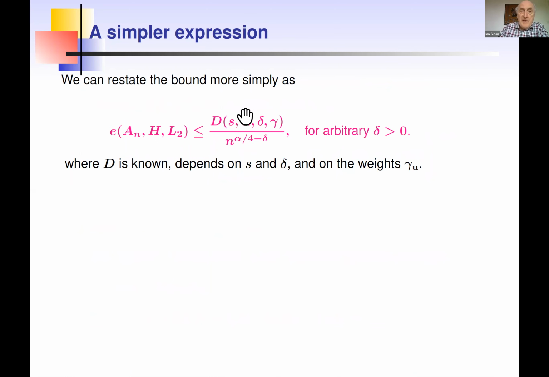I just simplified this. We state the bound more simply: the worst case error is bounded by some constant d depending on s, alpha, delta, and lambda, times n to the alpha on 4 minus delta, for arbitrary delta going to 0. As delta goes to 0, the rate gets better, but the constant in the numerator blows up.